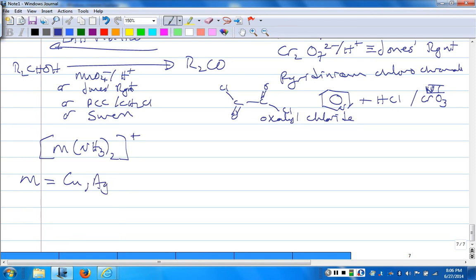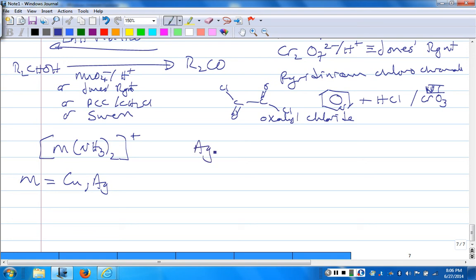The way you make this, for example, if you want the silver compound: you would take silver nitrate, which is water soluble. You would add to it aqueous ammonia until you get a precipitate. Then you would keep adding ammonia until the precipitate dissolves. And at that point, this is what you'd have.